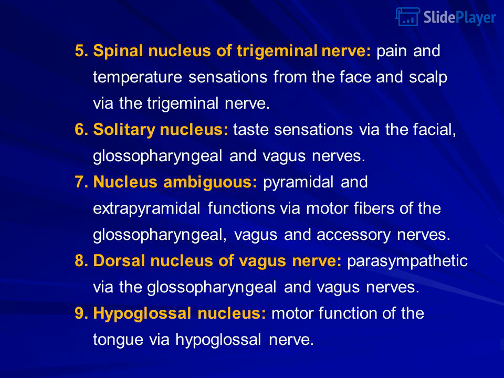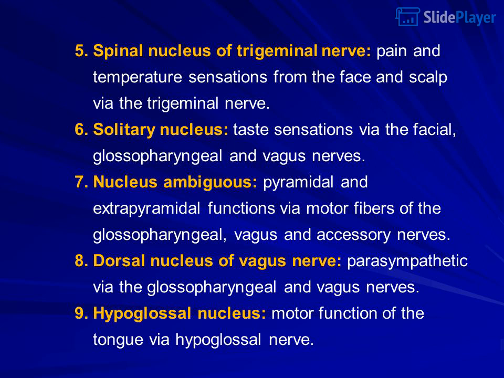5. Spinal nucleus of the trigeminal nerve, pain and temperature sensations from the face and scalp via the trigeminal nerve. 6. Solitary nucleus, taste sensations via the facial, glossopharyngeal and vagus nerves. 7.